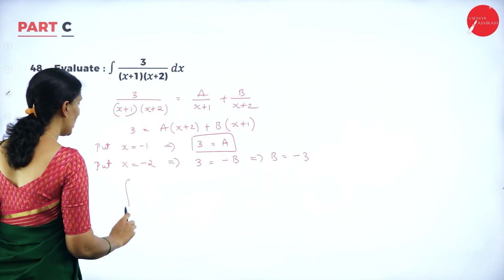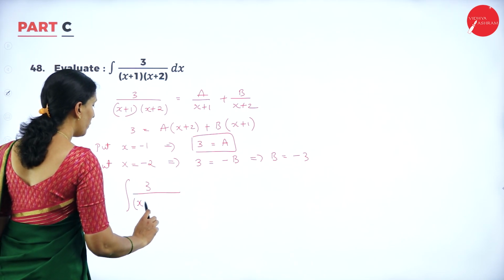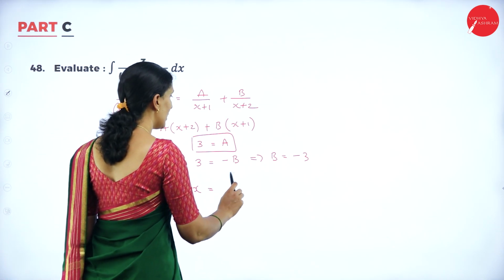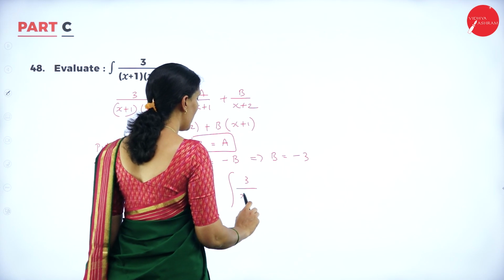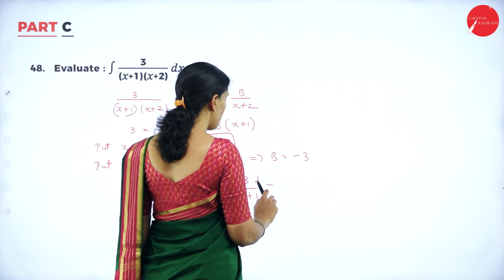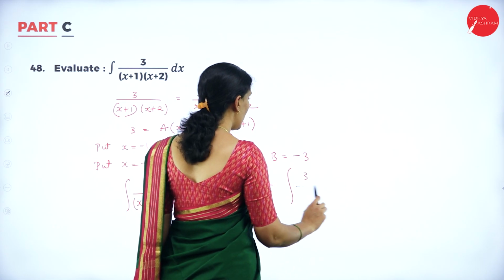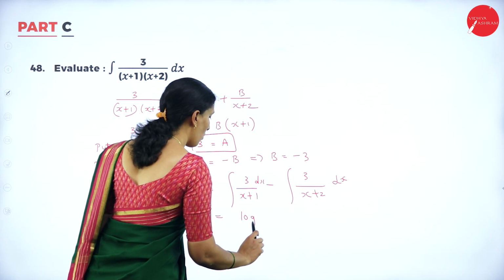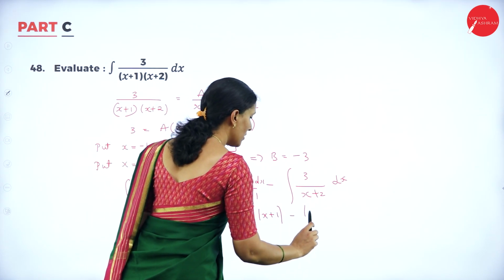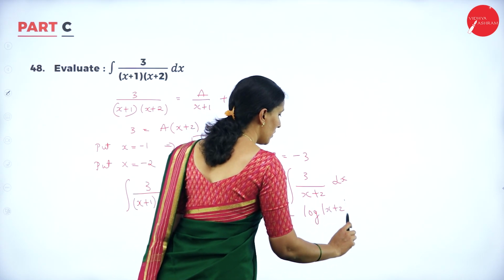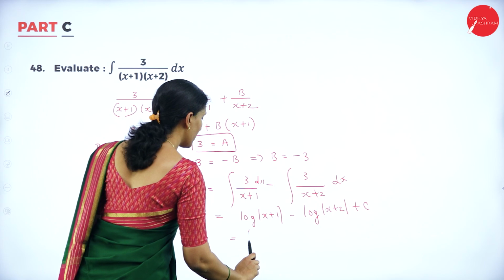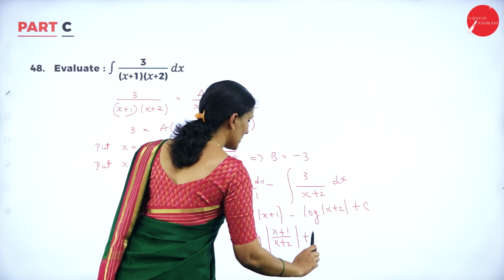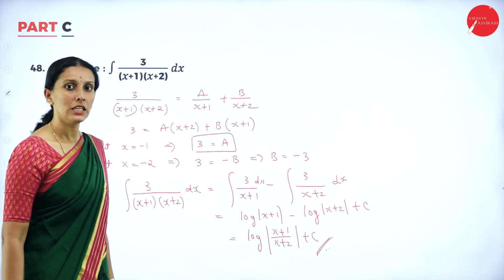So substituting here, integral of 3 over x plus 1, x plus 2 dx can be written as integral of 3 divided by x plus 1 minus, with respect to dx here, integral of 3 divided by x plus 2 dx. So we will get this as 3 log of x plus 1 minus 3 log of x plus 2 plus c. So log x minus log y can be written as log of x by y, so 3 log of x plus 1 by x plus 2 plus c. So this is the value of the indefinite integral.